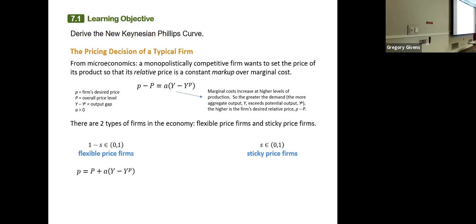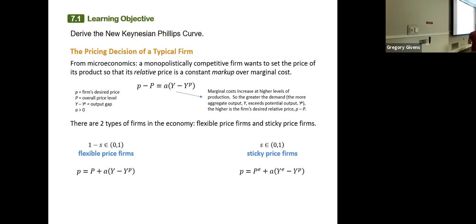How do the sticky price firms behave? They have sticky prices in the sense that, Levi, let's say that you're a manager of a sticky price firm. You have to determine what your desired price is before you actually know what the overall price level or the level of actual demand is in the economy. In other words, you have to form your desired price based on a forecast of what you think the actual price level and the actual level of output is going to be, right?